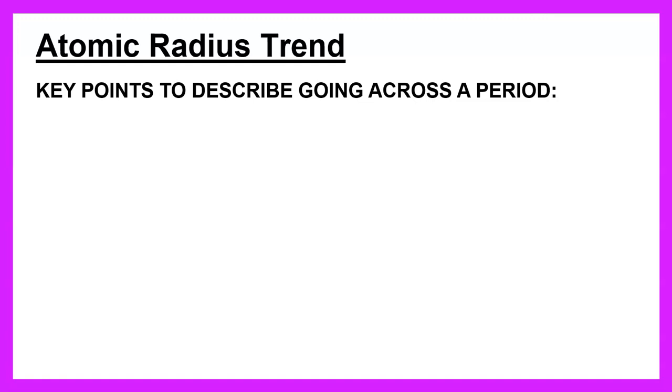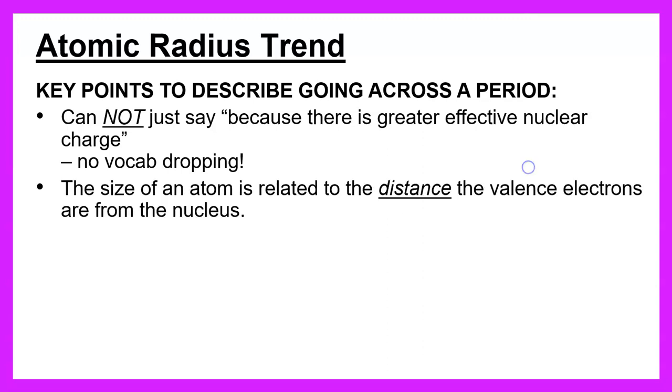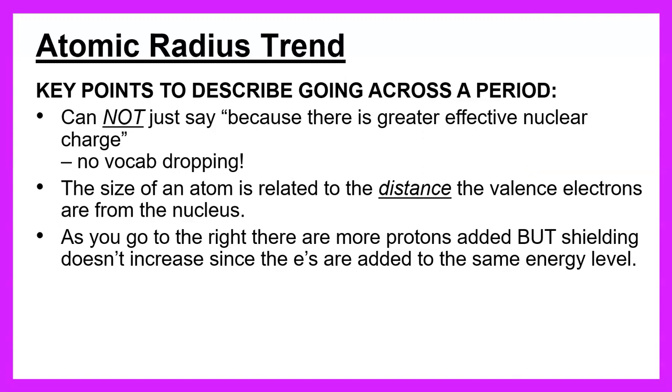Some key things about going across a period. You cannot just say, because there's greater effective nuclear charge. That's vocab dropping. We don't do that. Once again, the size is related to the distance. Key thing here is you can't just say, when you go to the right, you add more protons. You have to also mention that you're not going to be increasing the amount of shielding.